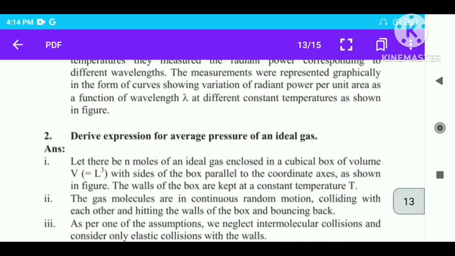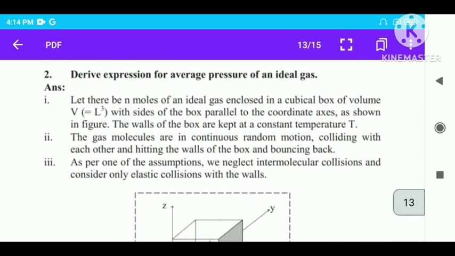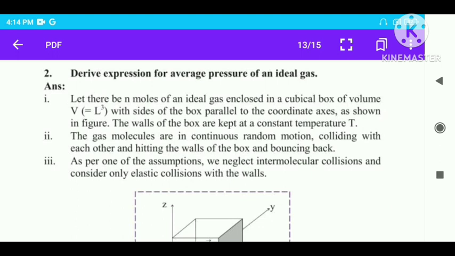Question number two: derive an expression for the average pressure of an ideal gas. First point, let there be n moles of ideal gas enclosed in a cubical box of volume V equal to L cube, with sides of the box parallel to the coordinate axes as shown in the figure. The walls of the box are kept at a constant temperature.